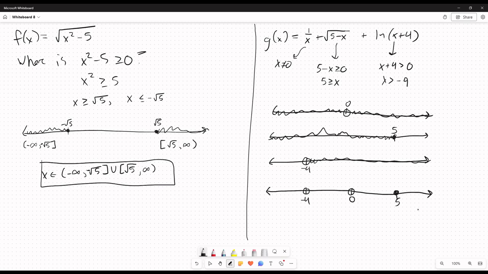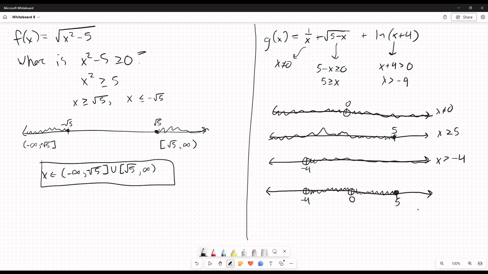All three are defined for values between negative 4 and 0, and also for values between 0 and 5. But the second one isn't defined for values greater than 5. So just to summarize, we've drawn 3 different number lines for the 3 different conditions we had, and we looked at where it is defined on all 3.